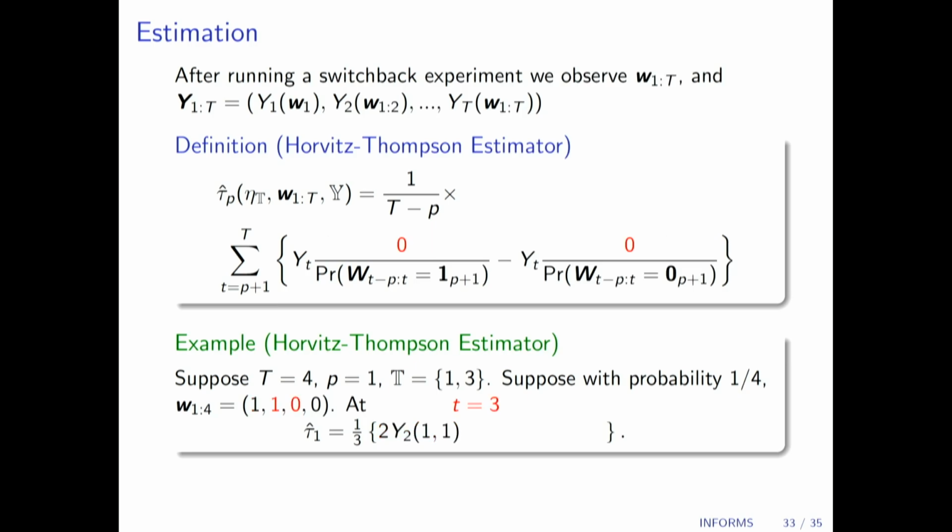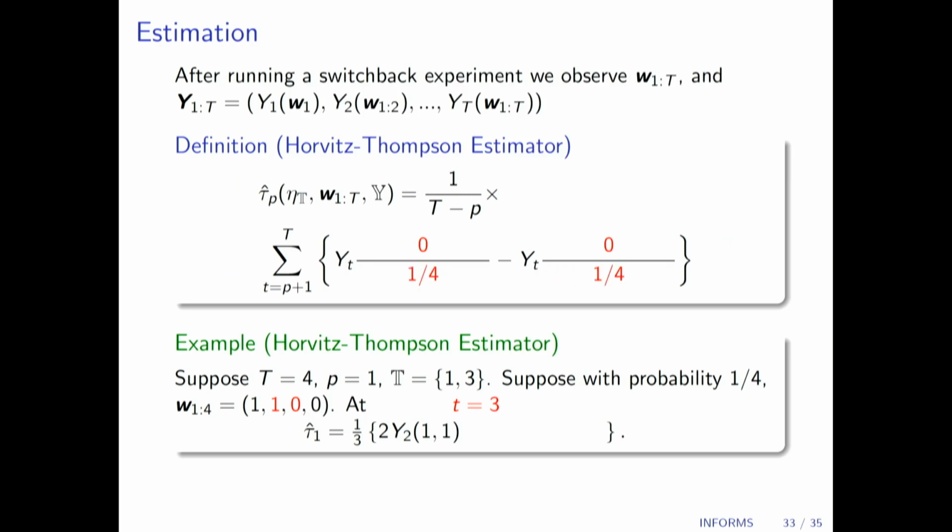In day 3, neither of the indicators is 1, because in day 3, we have observed one treatment and one control. So it does not reflect what's going to happen with 2 consecutive treatments or 2 consecutive controls. And so we are putting zeros here in the numerator. And if you look at the denominator, this happens with probability 1/4. Why is this 1/4?